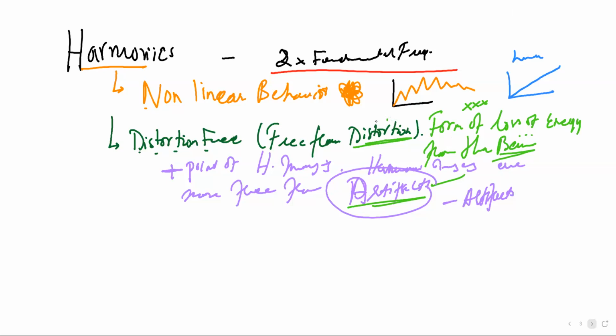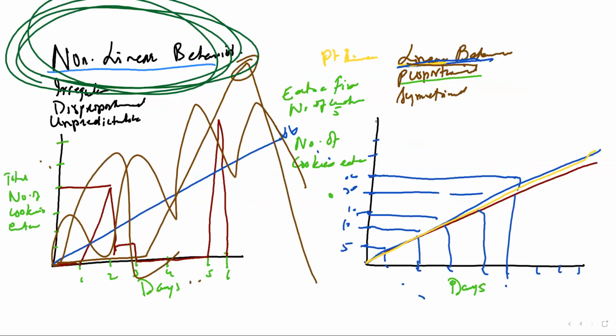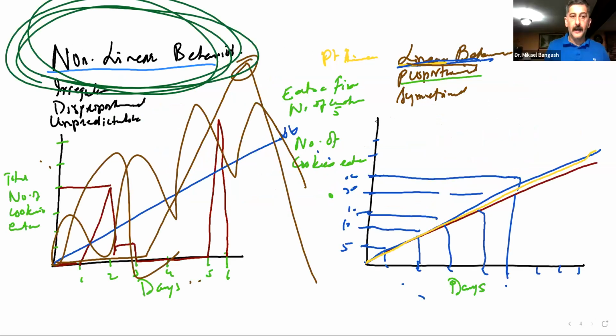Yes. So first, we would need to know what a nonlinear behavior is. Clear? It makes an irregular graph, it's going to be disproportionate, or as we also said, unpredictable.